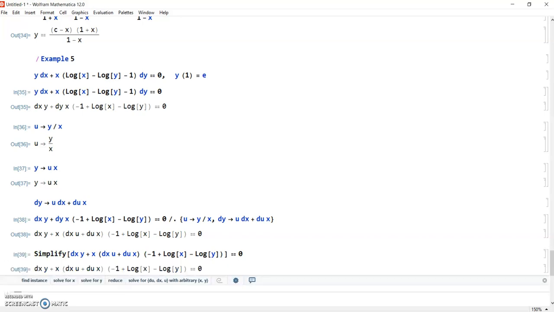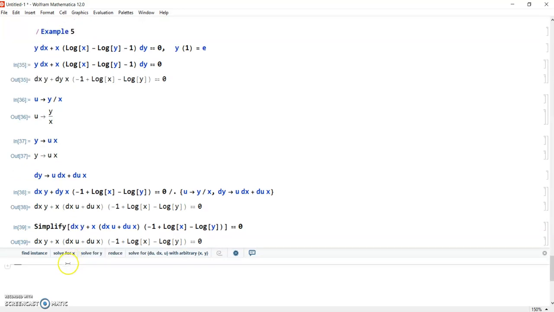Okay, and there is not much difference after simplification. So our target is to make this equation separable. For making it separable, I put du on the left side and dx on the other side.